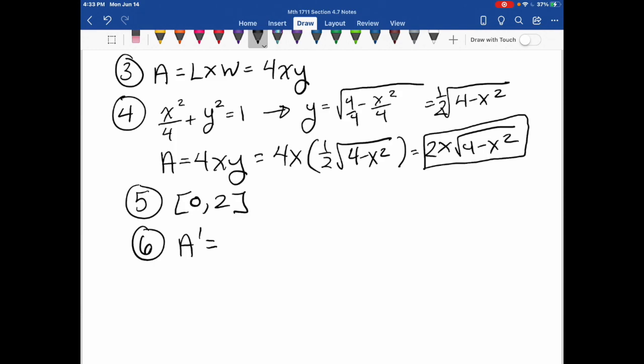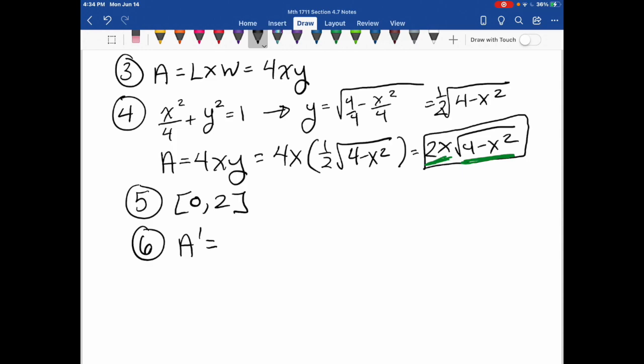You're going to need the product rule and the chain rule for this, because we have two functions. We have 2x, and then we have the square root of 4 minus x squared. When you take the derivative of the square root of 4 minus x squared, that's when you're going to have to use the chain rule, because you have an inner function of 4 minus x squared with the outer function being the square root of x.